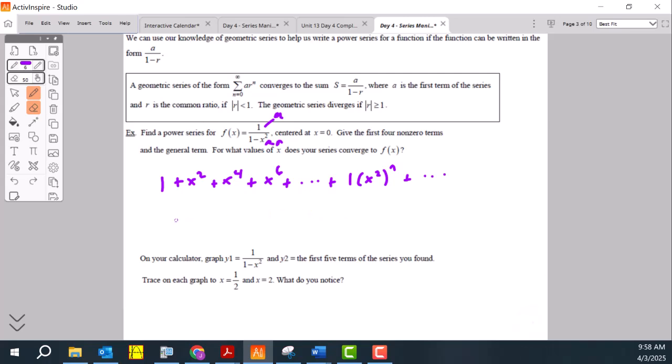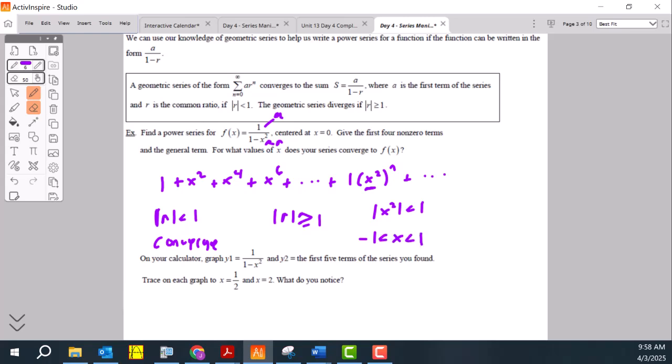So remember, geometric series test said absolute value of r had to be less than 1 for it to converge. And it diverged if absolute value of r is greater than or equal to 1. So in this case, r, lowercase r, is x squared. So we have absolute value of x squared is less than 1. So our interval of convergence would be -1 is less than x, which is less than 1.